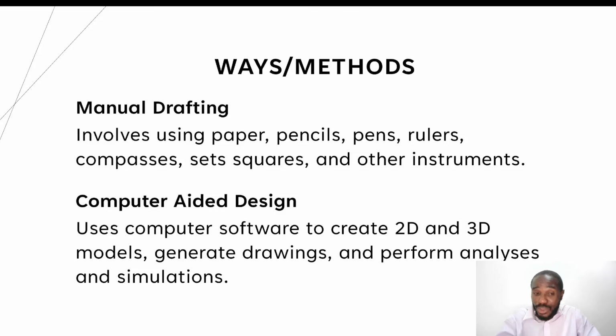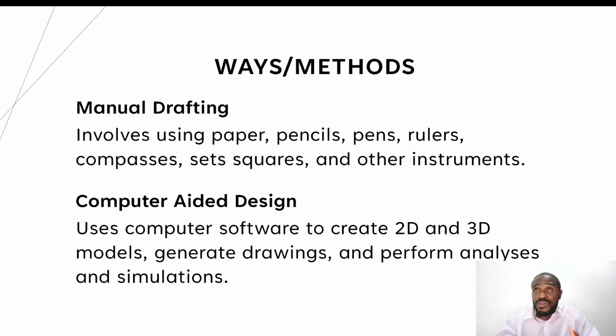That's called manual drafting. The second method of generating engineering graphics is computer-aided design, commonly referred to as CAD, which is the acronym for computer-aided design. This is when we use computer software instead of our own hands and all the instruments that we have.